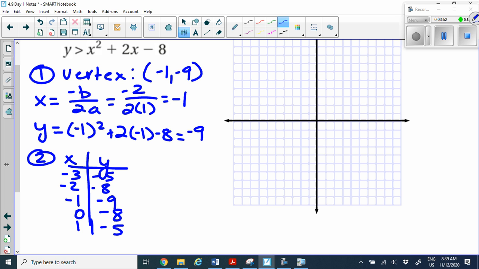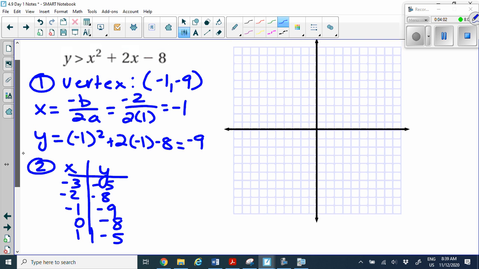Before we graph these points, let's talk about whether our quadratic is going to open up or open down. Hopefully you said it's going to open up because our a value is positive. So let's go ahead and plot these points. Notice what our y-intercept is here. We figured it out on our xy table.